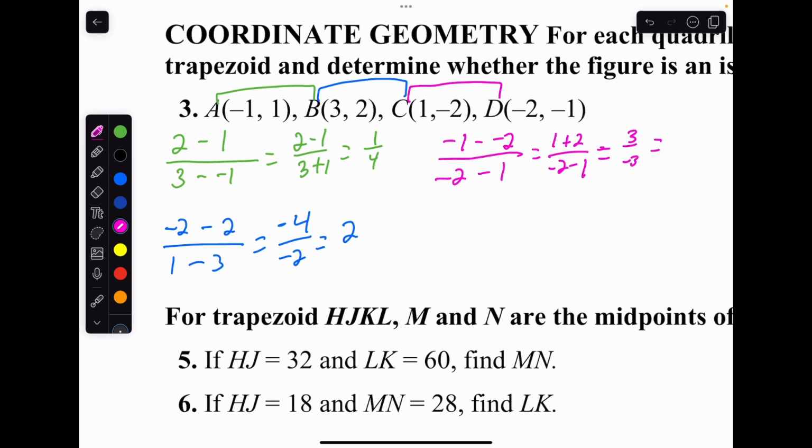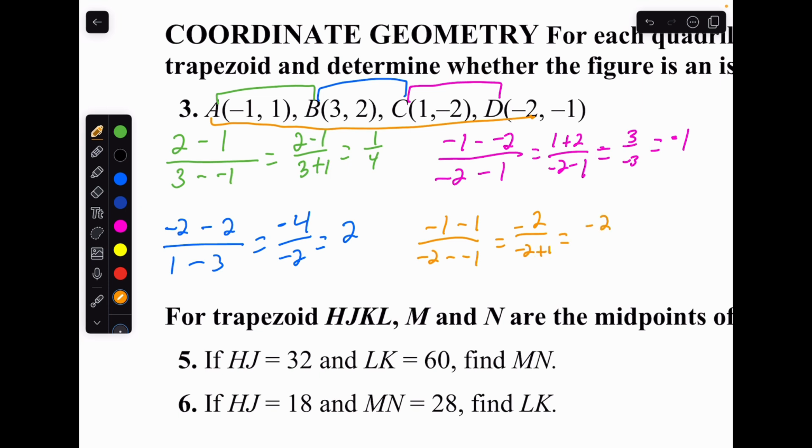And this is a negative 1 as the slope. And finally, I need the slope from A all the way to D. Again, y1 negative 1, y2 1, x2 negative 2, x1 negative 1, negative 2 plus 1. This equals a negative 2 over a negative 1, and this also equals 2.